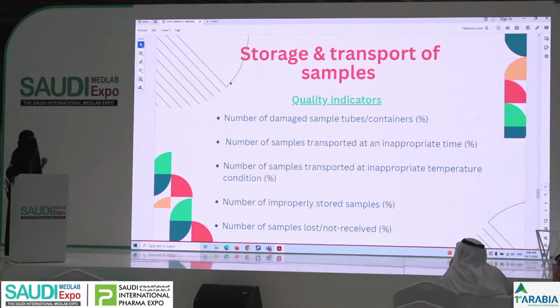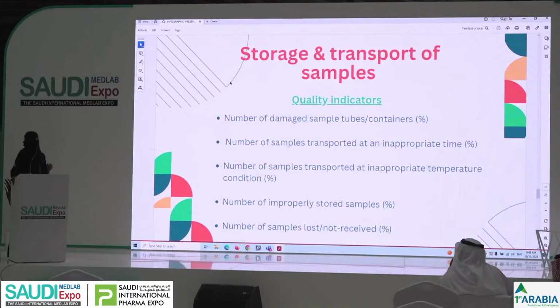That will lead to a major defect or damage in the sample. Sometimes we receive the sample leaked, broken, or exposed to high temperature, and that means the blood sample or any other type of sample will be damaged before the analysis. So that will affect the accuracy of the result which will be released.